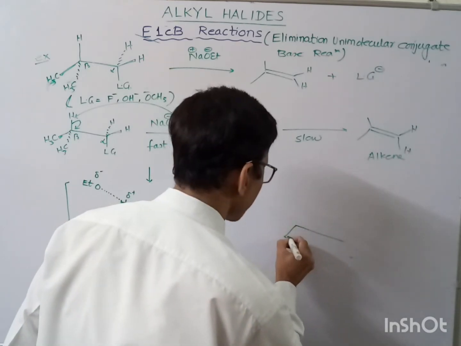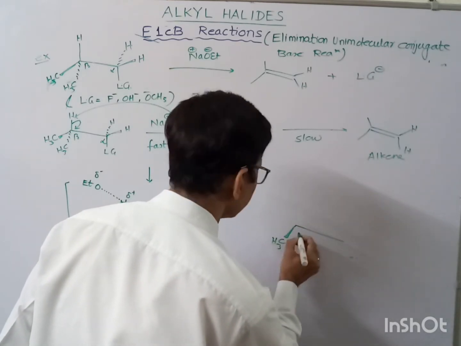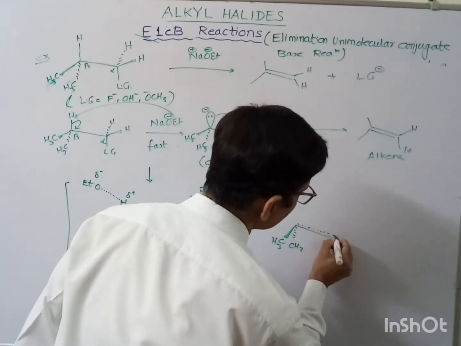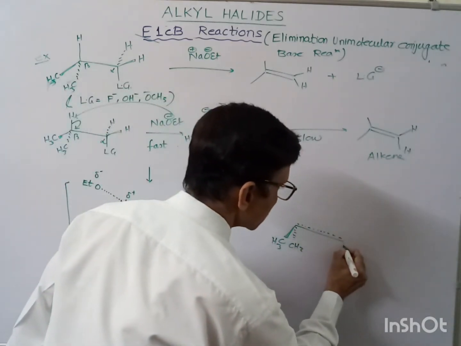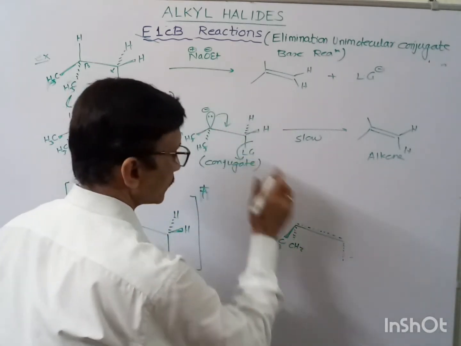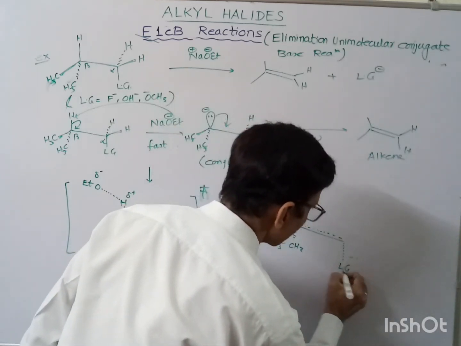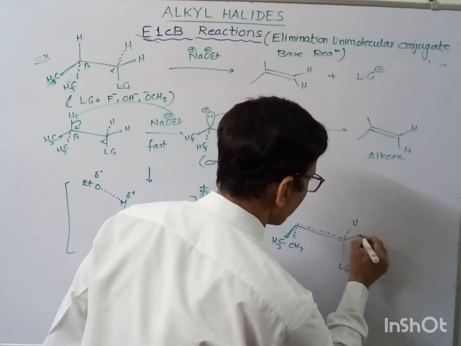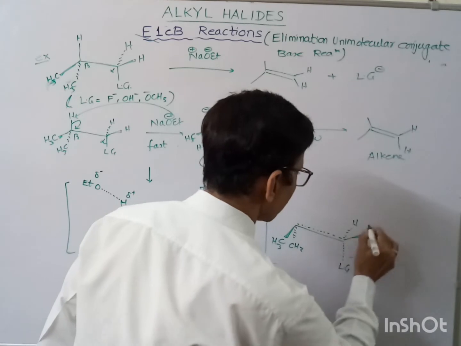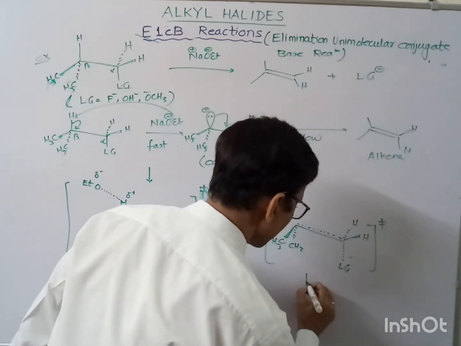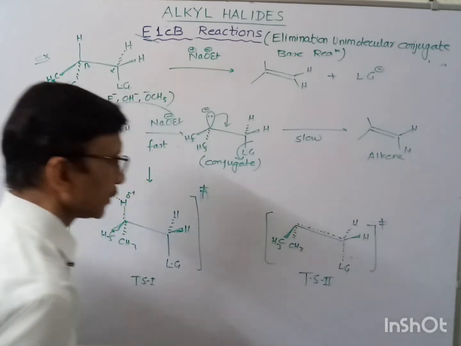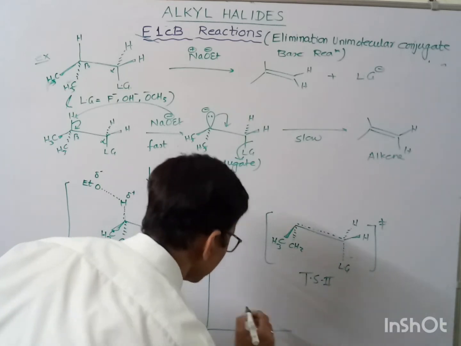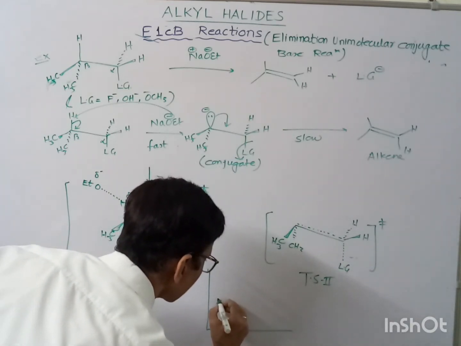So this is the new pi bond which starts forming, whereas this is the bond which starts breaking out. So this is our transition state 2. Okay, and if you want to see the energy profile, the energy profile diagram was something like this.